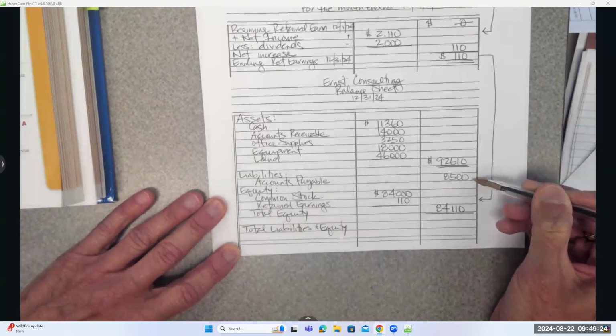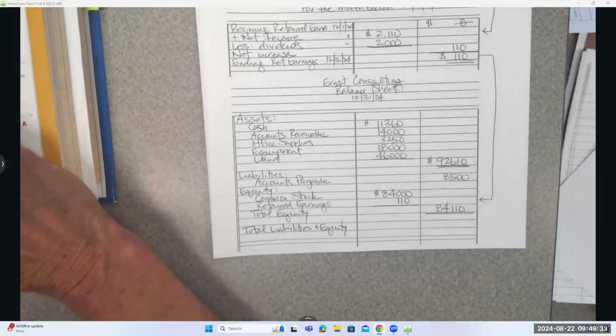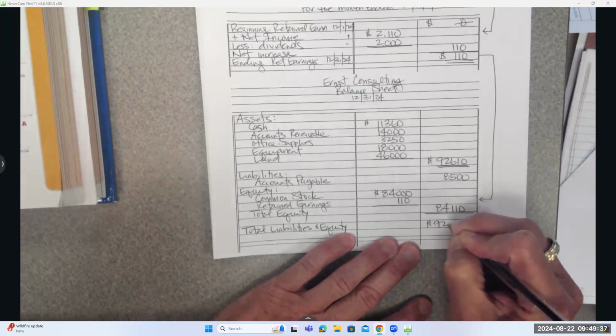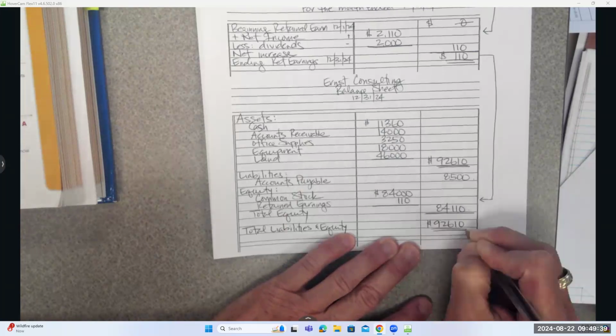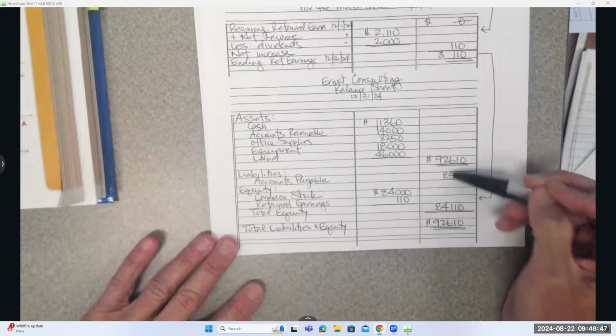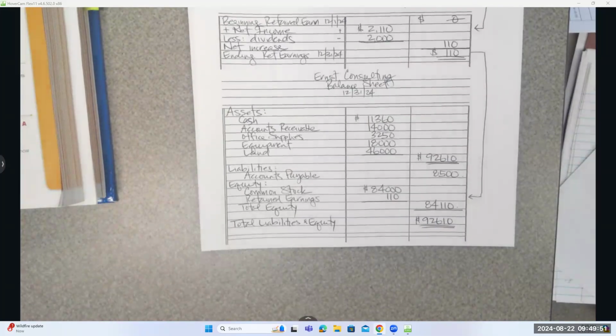The liabilities plus the equity is $92,610. Has to agree. That's the balance sheet. Assets equals liabilities plus equity.